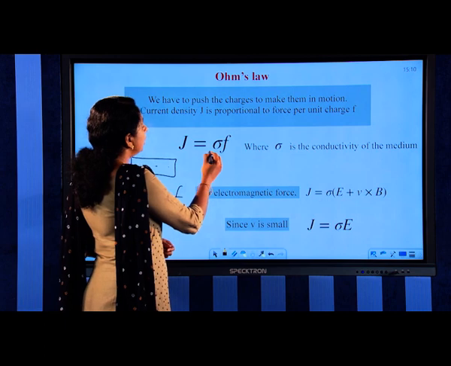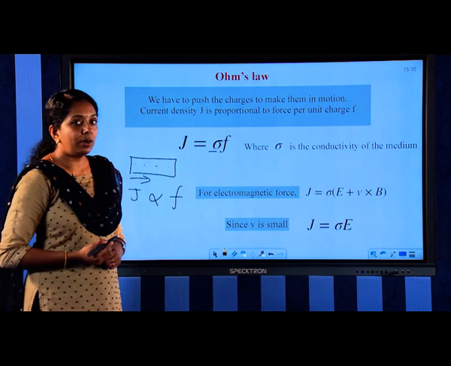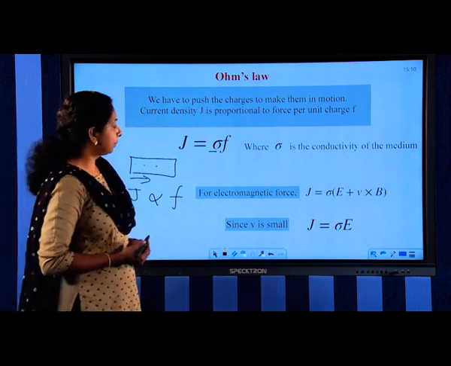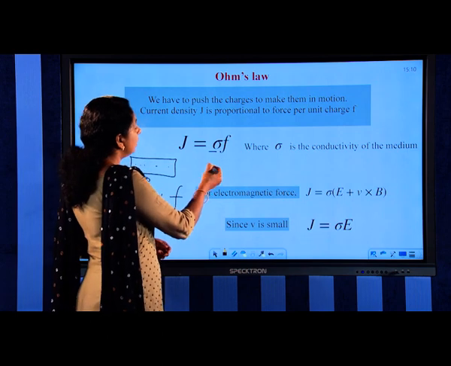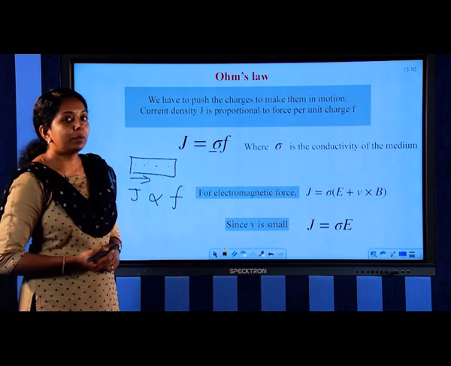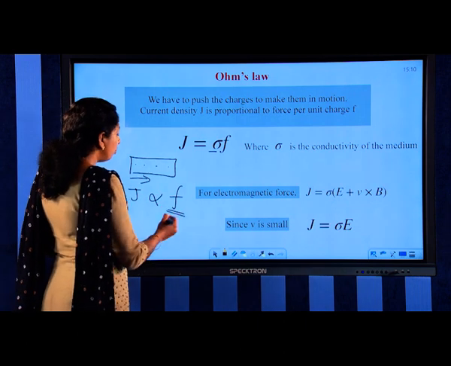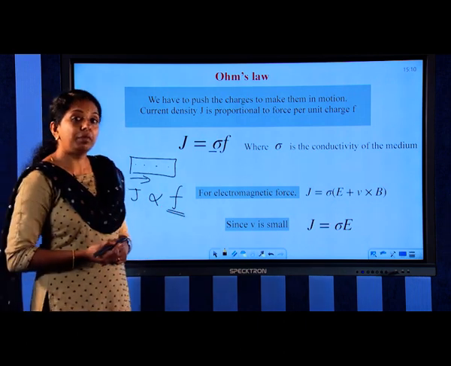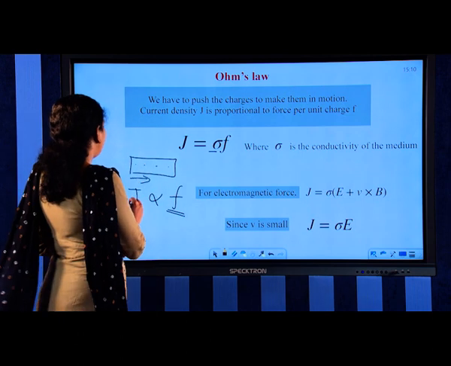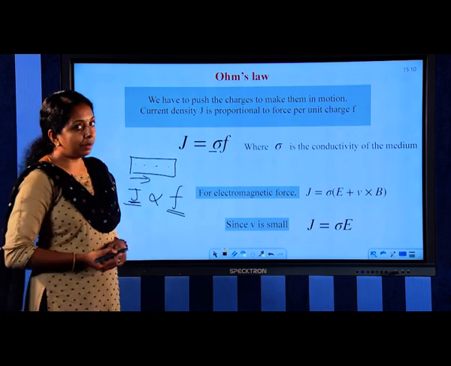Here the proportionality constant sigma is known as the conductivity of the medium. So here we can see that the conductivity depends upon the material medium. Suppose we give the same amount of force per unit charge to different materials, the amount of current density produced will be different.